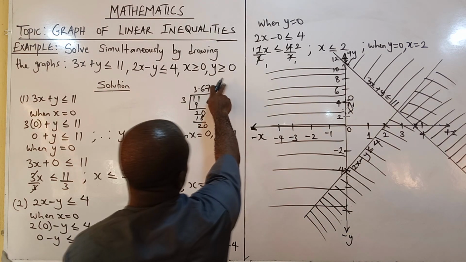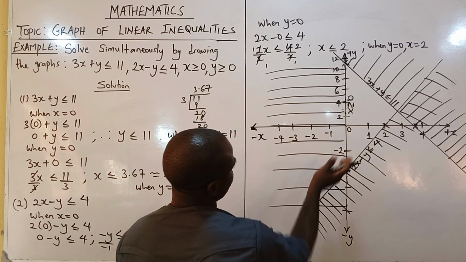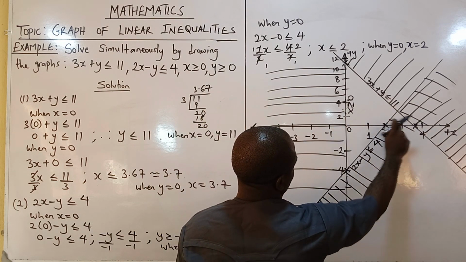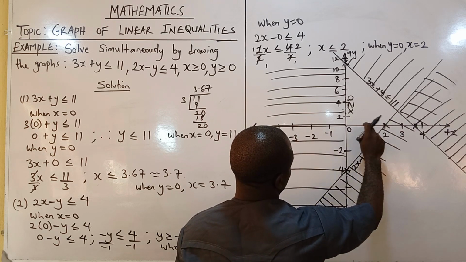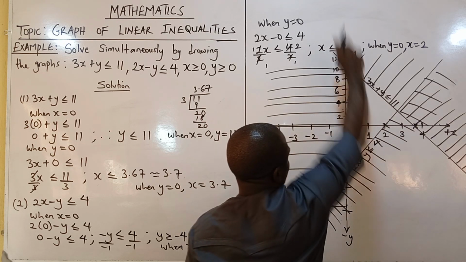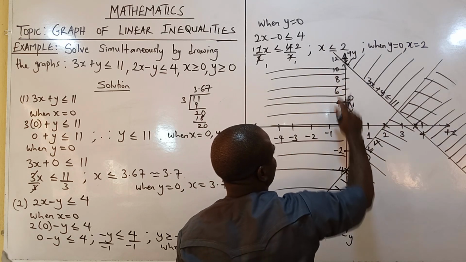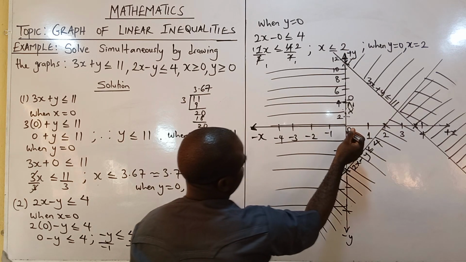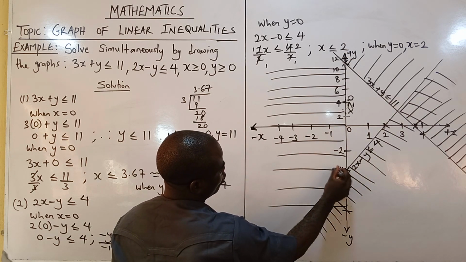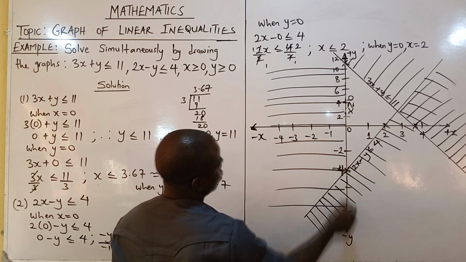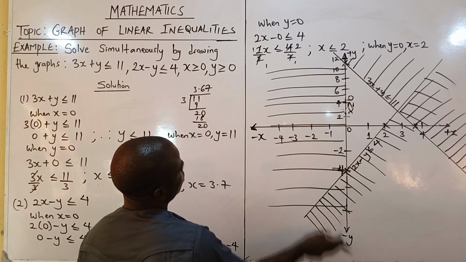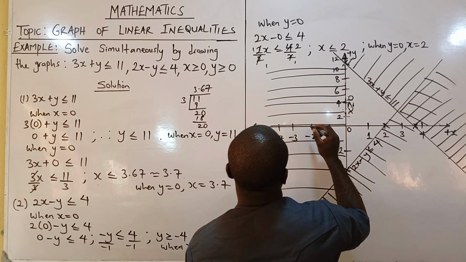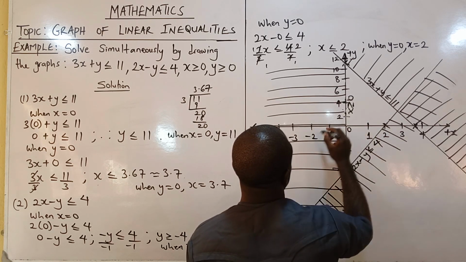And let's see y greater or equal to 0. From here, y is equal to 0. You can see the thick line showing that it's greater or equals to. From here up is higher numbers, 2, 4, 6, 8, 10, greater than 0. But when you look from here, you have -2, -4, which is less than 0. We leave the one we are interested in. You shade from here down, because we are interested in greater or equal to 0.